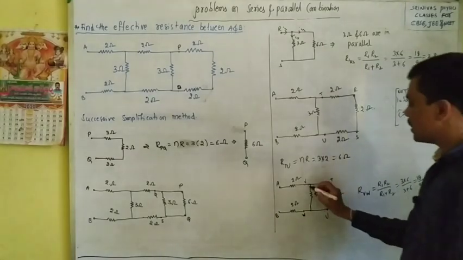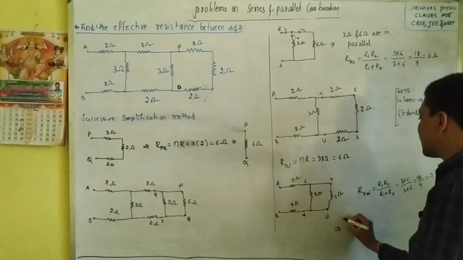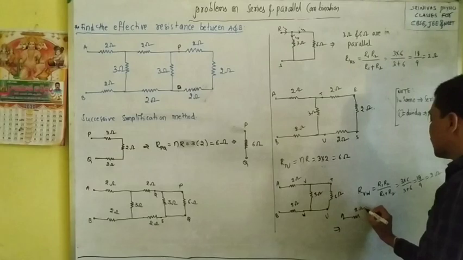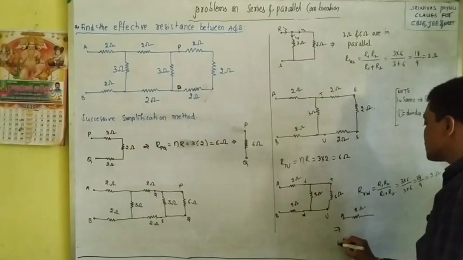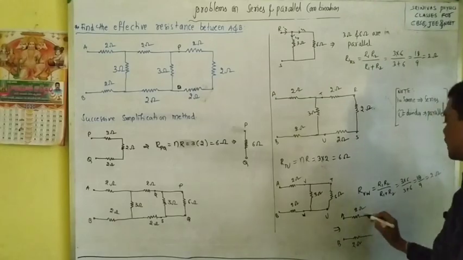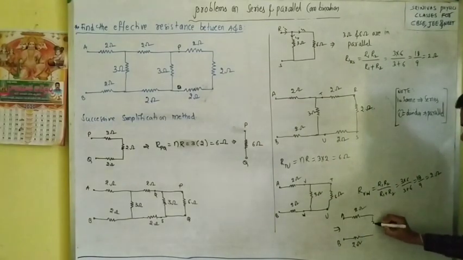Then we add the effective resistance between V and W as 2 ohm. Then again we have to draw the diagram. This is 2 ohm, and the next one is 2 ohm, and the effective resistance between V and W is 2 ohm.